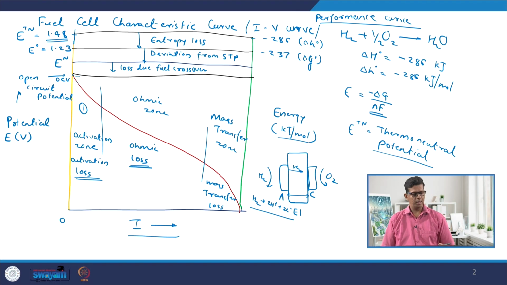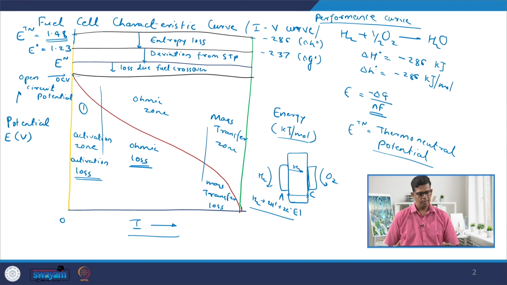This deviation also leads to a further loss, which is the deviation from standard temperature and pressure conditions, and the corresponding potential can be calculated through the Nernst equation, denoted by E superscript capital N, which we have already gone through.